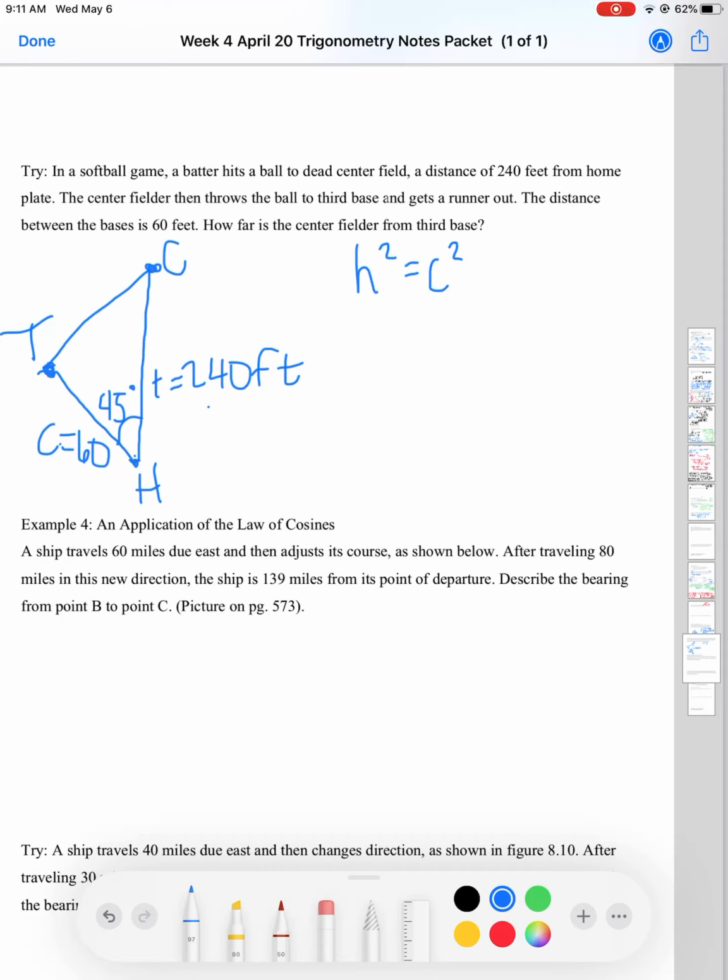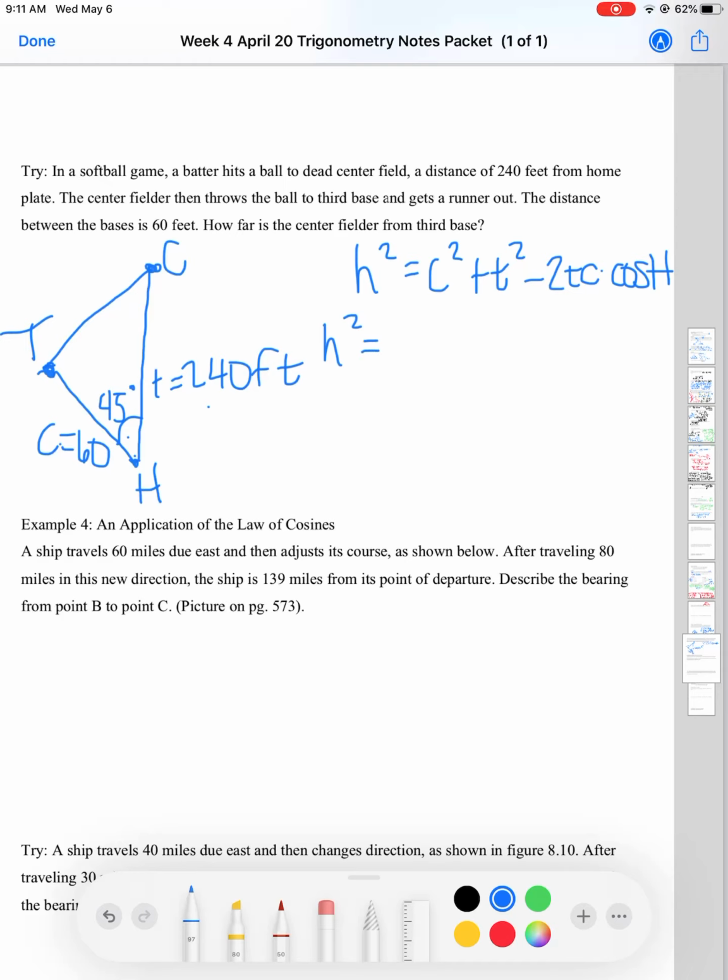So h squared equals c squared plus t squared minus 2tc times cosine h. This is always going to be 45, just because remember the whole thing is a square, and if we're splitting that in half, half of 90 is 45.